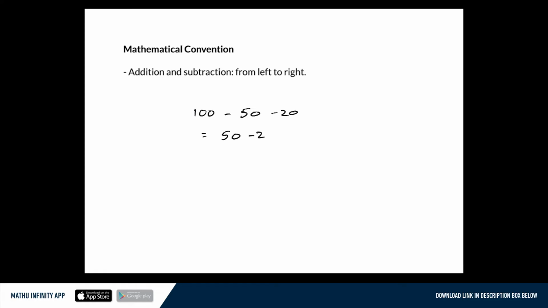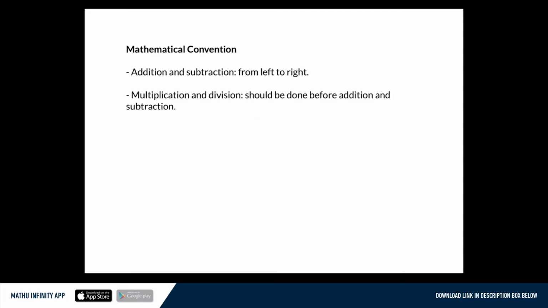And that would be minus 20, and 50 minus 20 would give me 30. So you can see how I did that part, then I did that part, and how I got to the final answer. So that is the rule that always applies for addition and subtraction. The left to right also applies when you're multiplying and dividing, but we'll look at that now. Alright, so just remember, always from the left hand side to the right hand side.